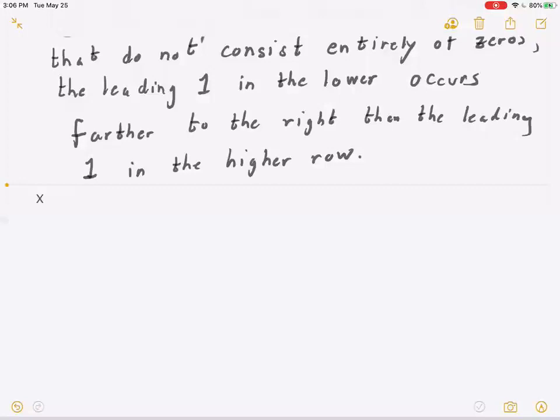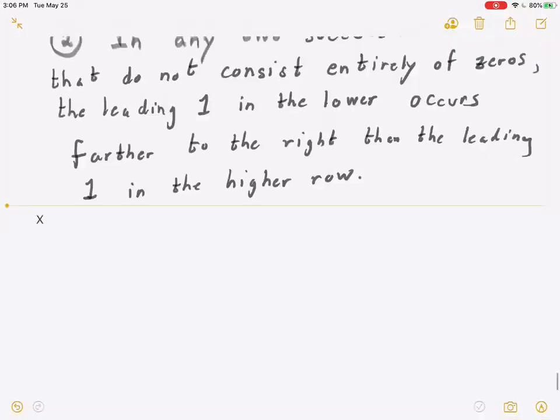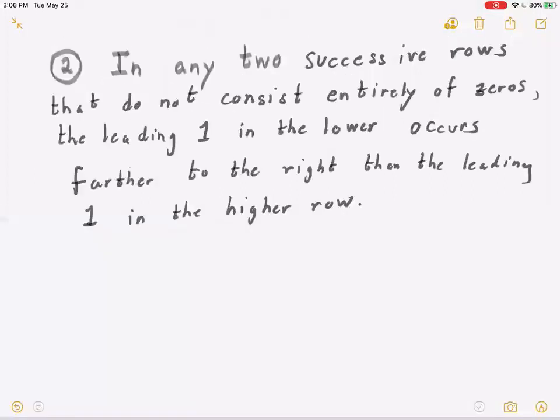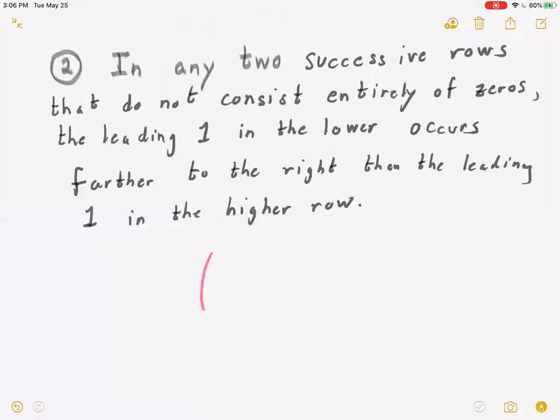And where we claimed that this matrix, just rewriting it, we claim that this is in row echelon form, reduced row echelon form. So there's row 1 and row 2. Row 1 and row 2 are two successive rows that don't consist entirely of zeros, so that's okay.